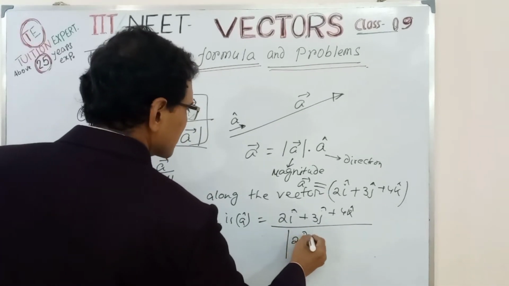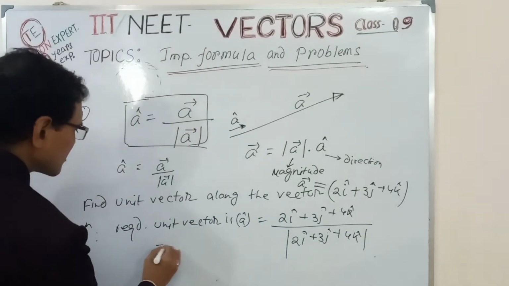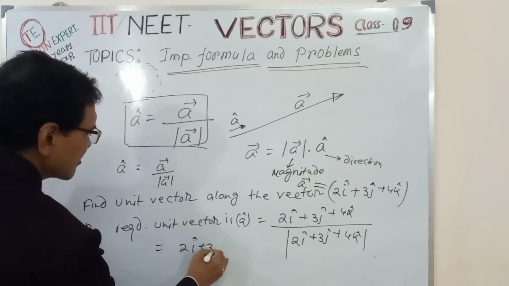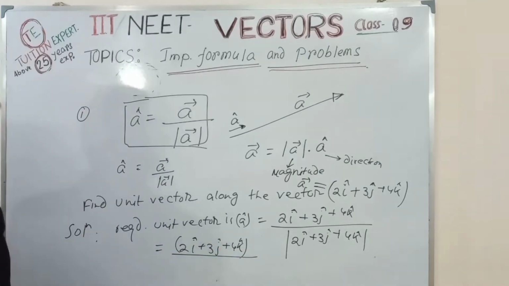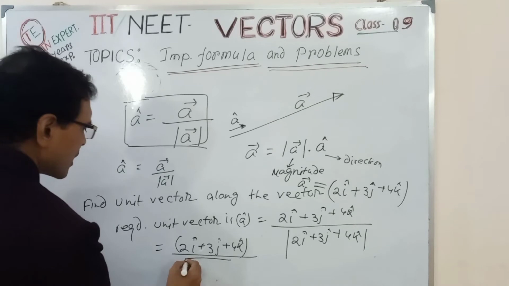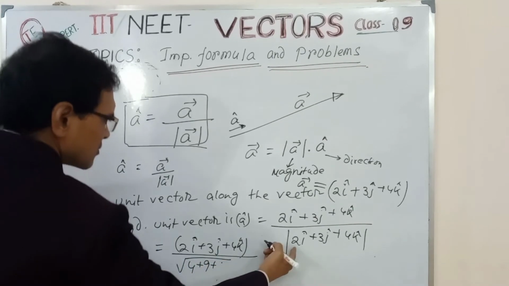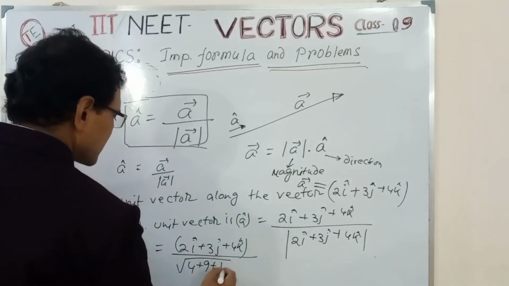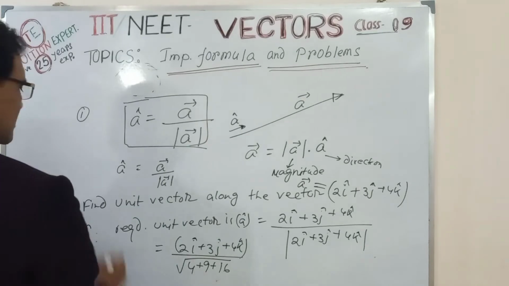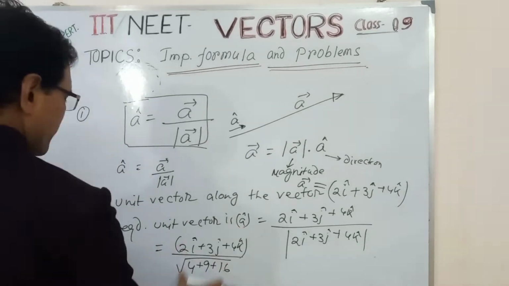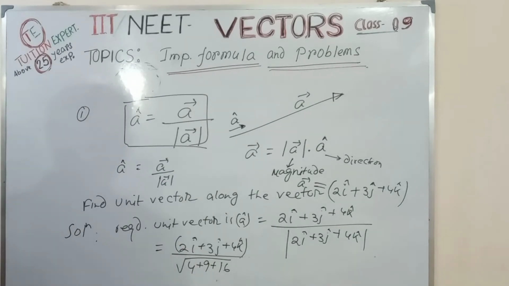The magnitude is root over 2 square plus 3 square plus 4 square. So this is the answer. Now if we take the magnitude of this vector, then this becomes 1.